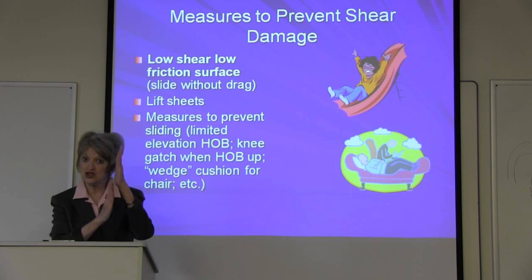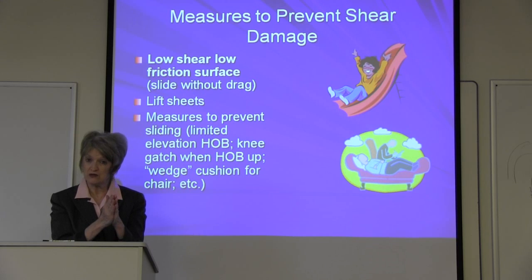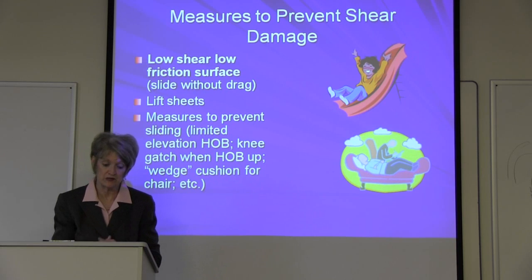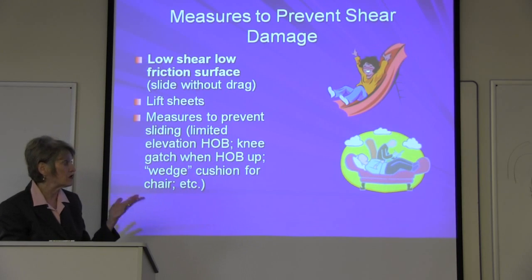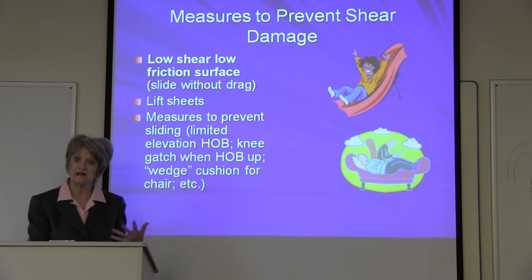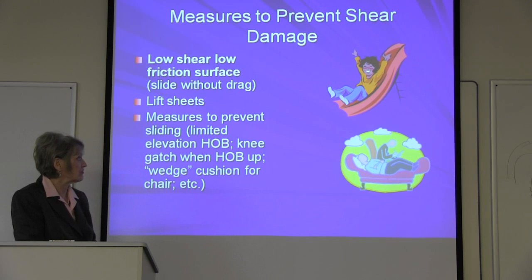If there's no shear, there's no kinking of blood vessels. If all the tissue layers move together, then you maintain perfusion. You do not cause disruption or angulation of the blood vessels. So that's why most of your high-level support surfaces incorporate a low shear, low friction cover to prevent shear force or to significantly reduce shear force.